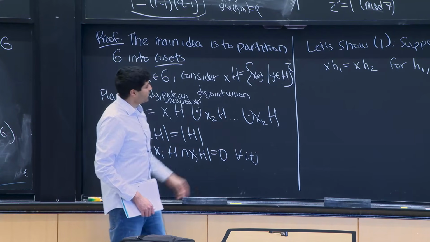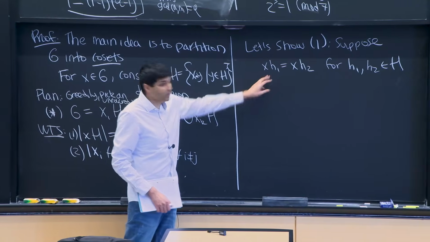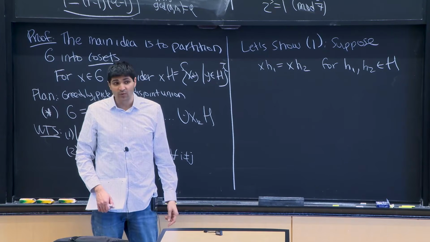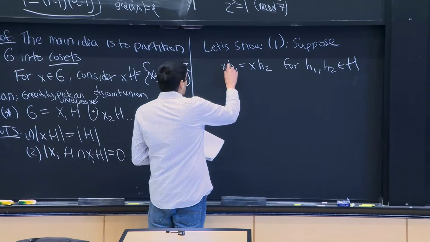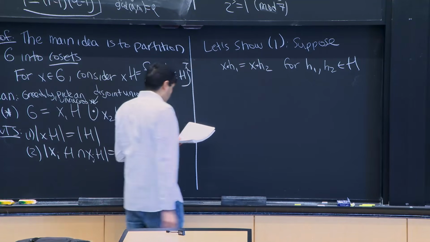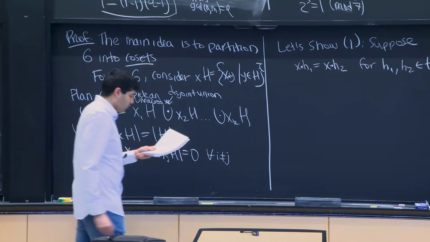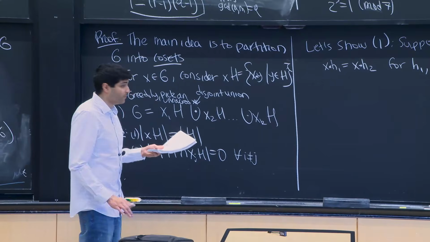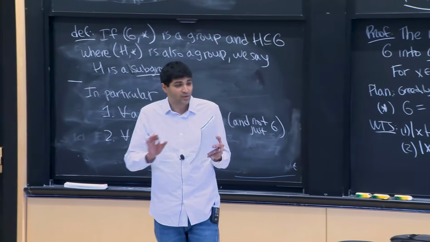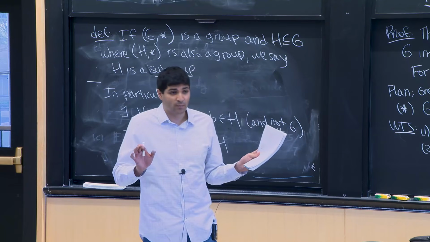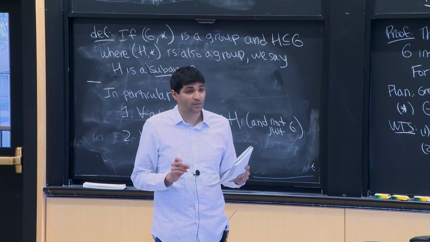So let's imagine that we had two elements, h1 and h2, such that x times h1 and x times h2 were the same thing. And now what should I do? The way that my proof strategy wants to work, this won't be a very complicated proof, but the logic is subtle.